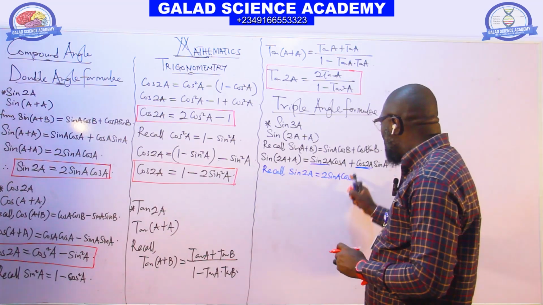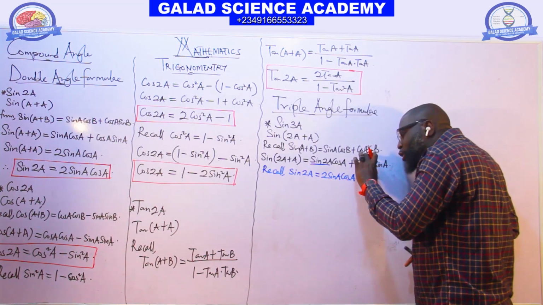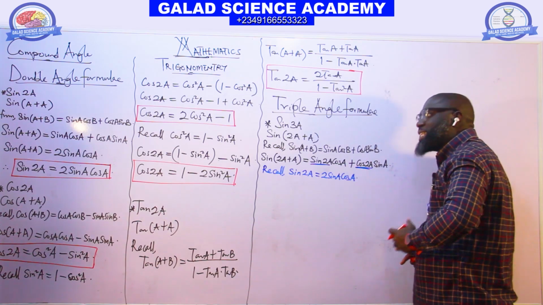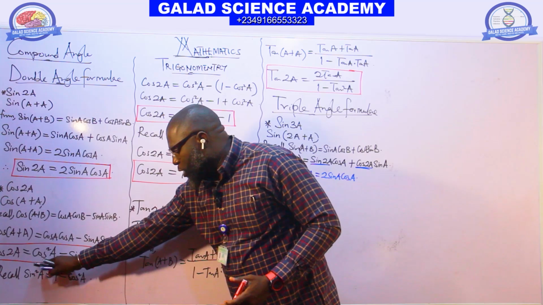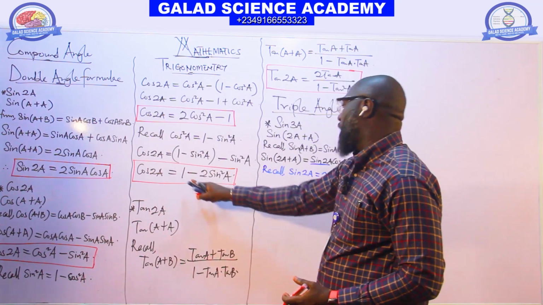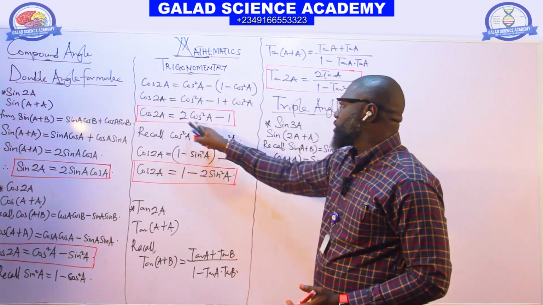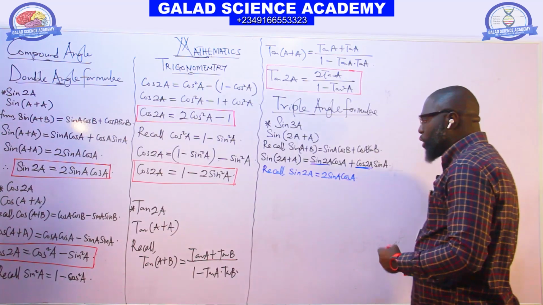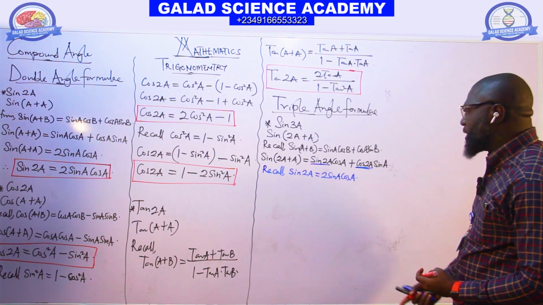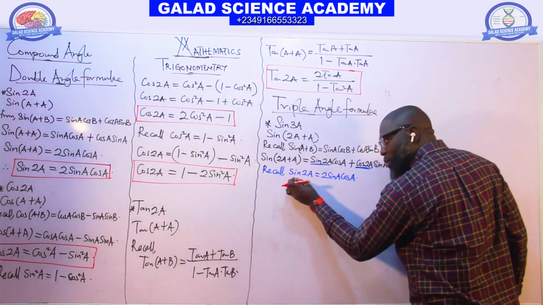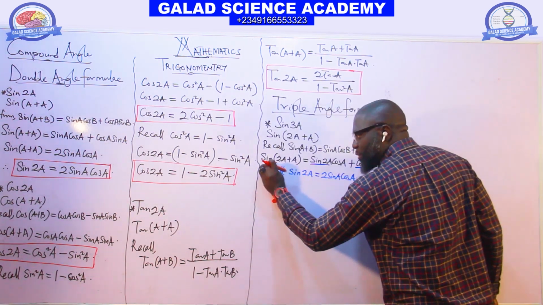So we will now look at what value of cos 2A contains sine function. Look at this one. It contains cos and sine. This one, we have ordinary sine. Here we have cos. So let us go for the one that contains ordinary sine, because we are dealing with sine function here.